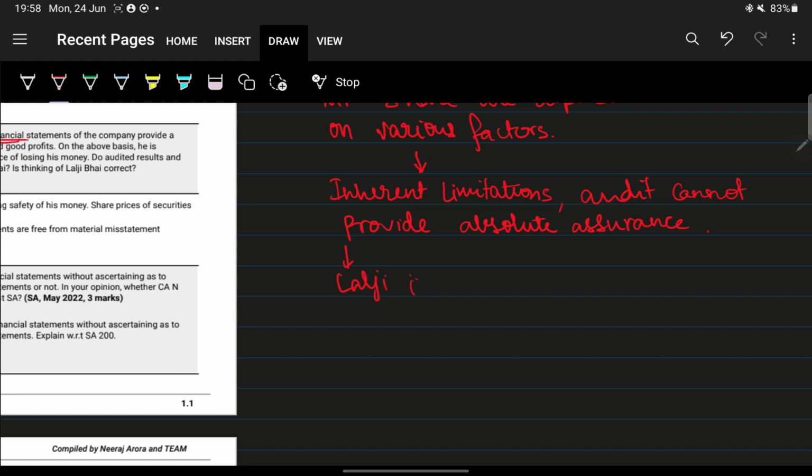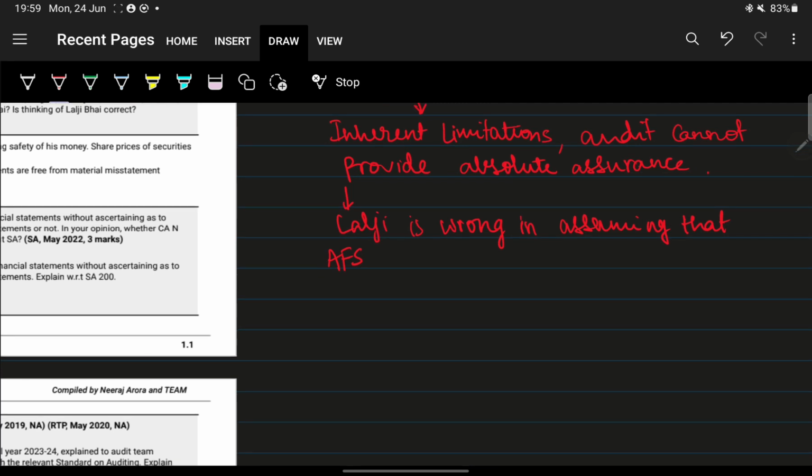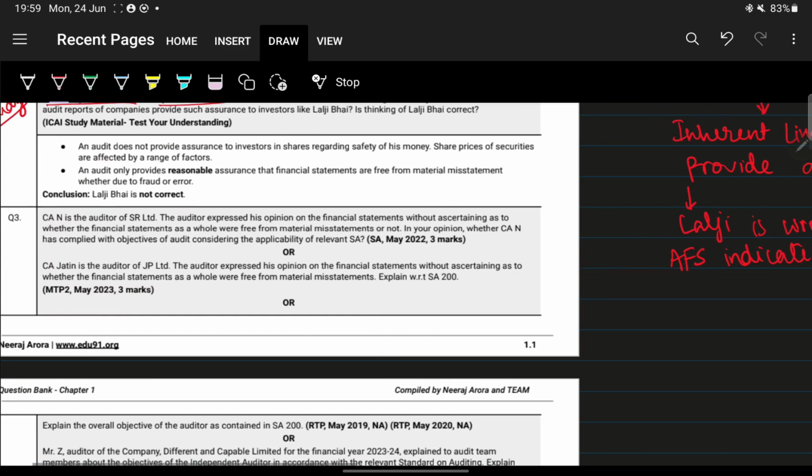Lalji is wrong in assuming that audited financial statements indicate that his money is safe, right? Or whatever conclusion they are asking, you just have to provide that conclusion. Money is safe, right? Very simple. We'll move on to the next question.